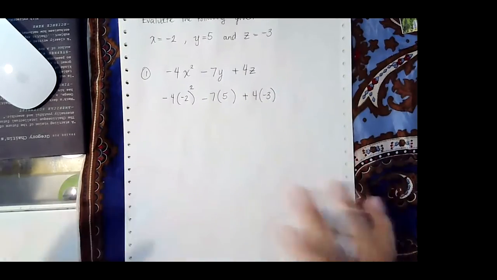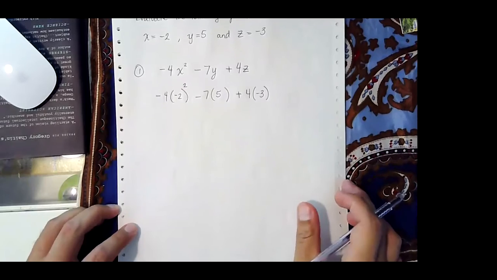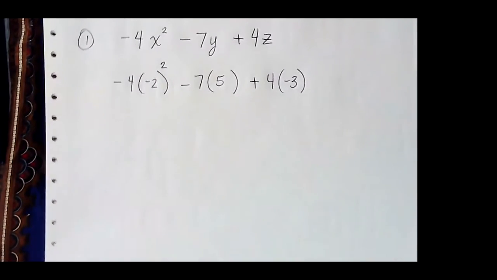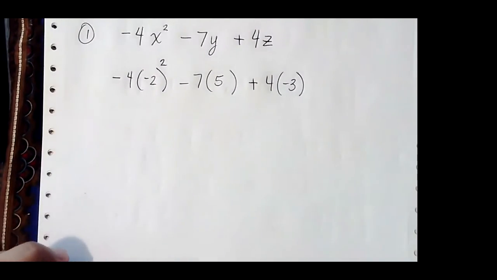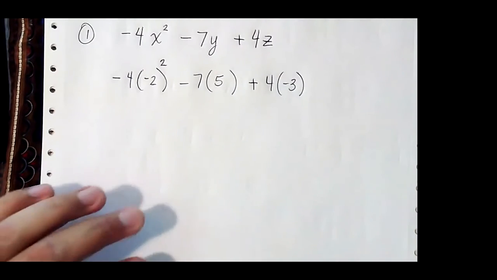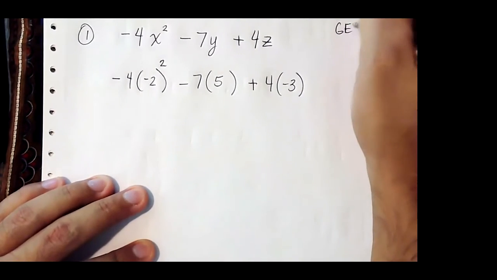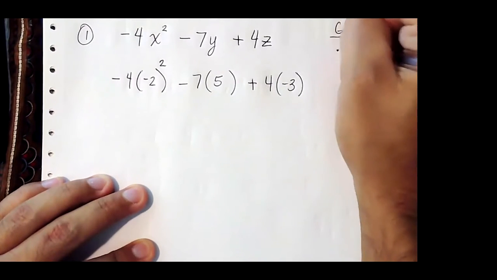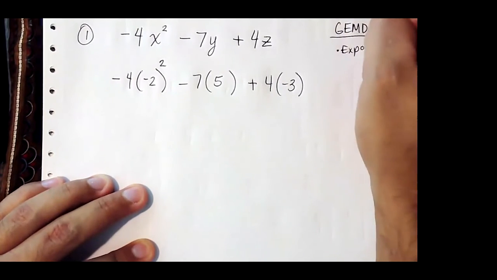And then I need to be really careful about my order of operations here. So let me zoom in just so that we can see what I'm doing. I have a bunch of operations here. The first thing I want to take care of is writing GEMDAS down to guide us. In my head, I want to take care of the exponent before anything else.